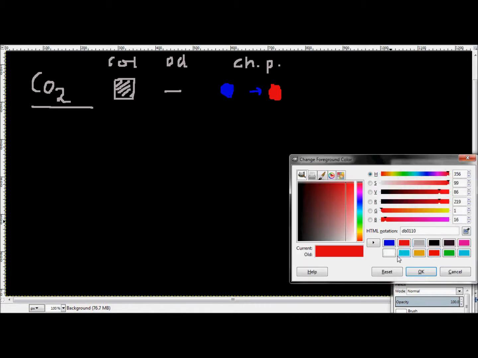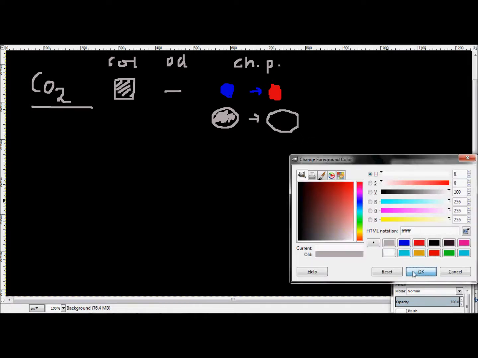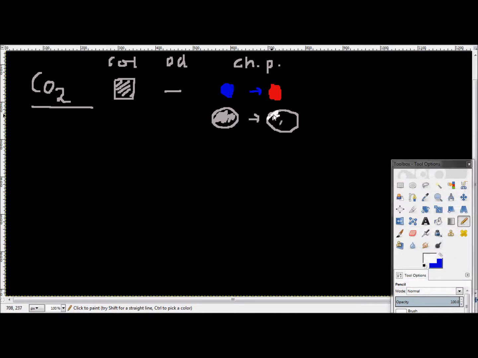I'm going to draw that below over here. This is lime water I'm drawing here, and it turns it milky. I can't really show it to you here, but what I can do is make it white over here just to show that it's turning milky.